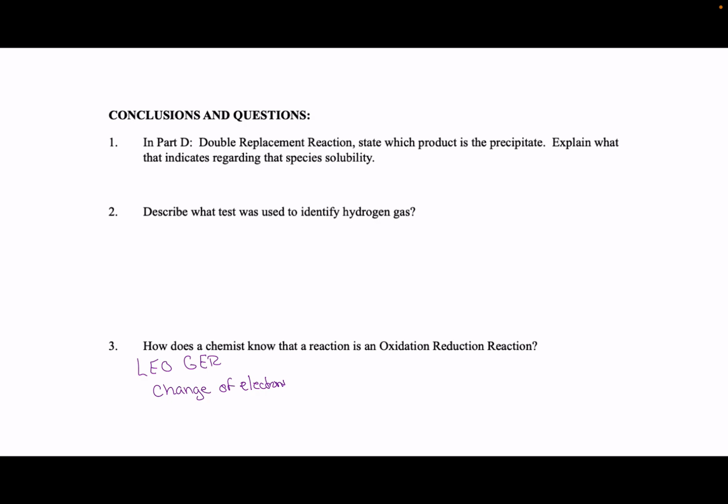Describe what test was used to identify hydrogen gas. Well, hopefully you've done enough time to know we take the wood splint and we listen for a pop. That pop tells us we have hydrogen gas. Number 3, how does the chemist know the reaction is an oxidation reduction reaction? We're looking for a change of electrons. So we're going to have a balanced equation and we've got to figure out what's happening before and after. And when we look at that, we see how the electrons have changed.